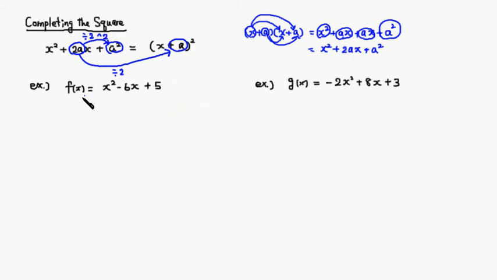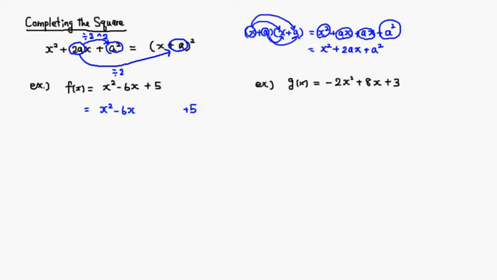So let's look at the first example. We want to complete the square so that we can write it in vertex form. Here's the process. First, I'm just going to copy the first two terms, so you have x squared minus 6x. Then I'll give a little bit of room here, and put the plus 5 right at the end.